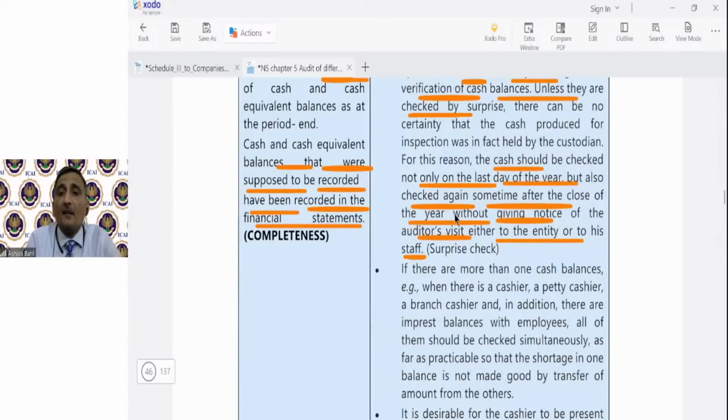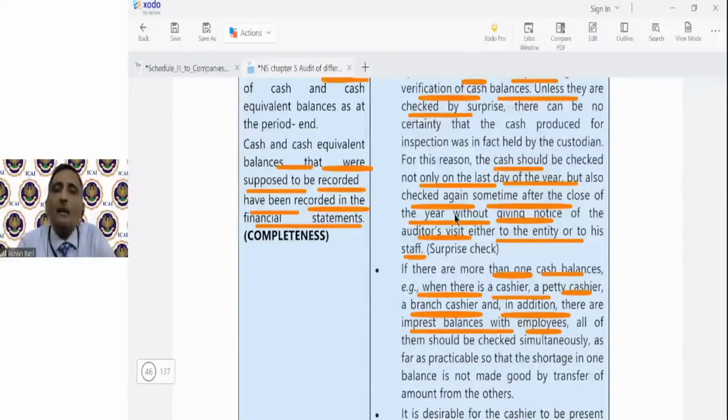So if there is more than one cash balance, when there is a cashier, a petty cashier, a branch cashier, and in addition there are imprest balances with employees. What do we mean by imprest balances, students?